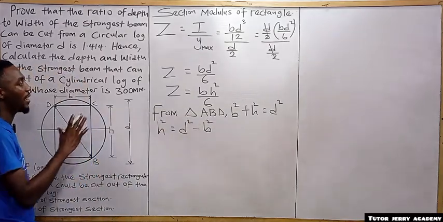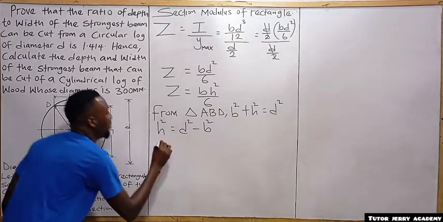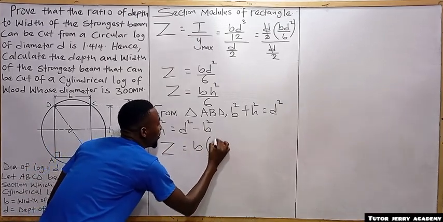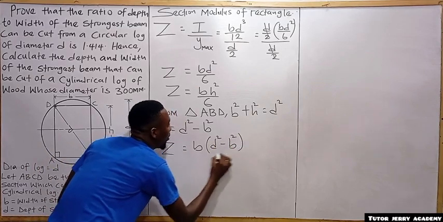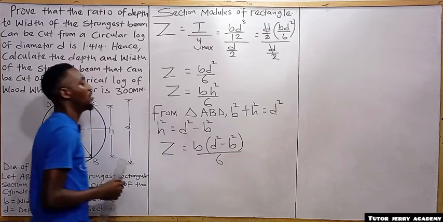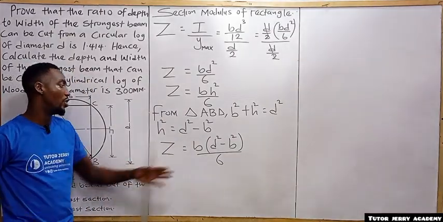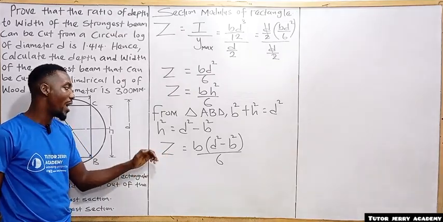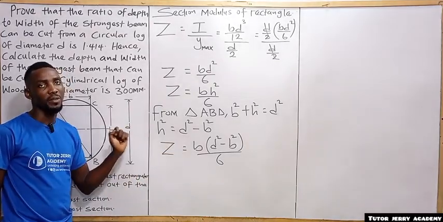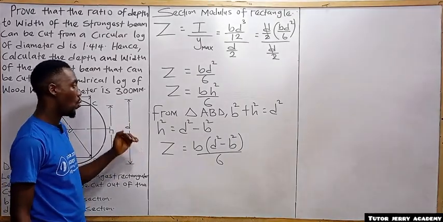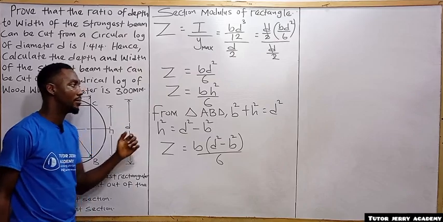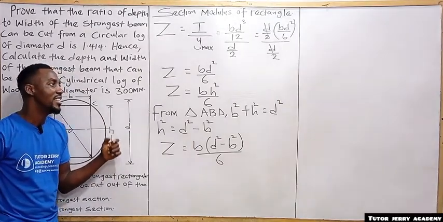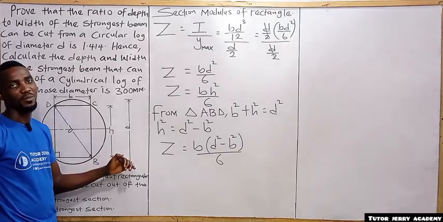So our section modulus can be written as b times (d squared minus b squared) all over 6. From this equation, you will observe that d is constant, while b is the variable. For the beam to be strongest, the section modulus should be maximum.